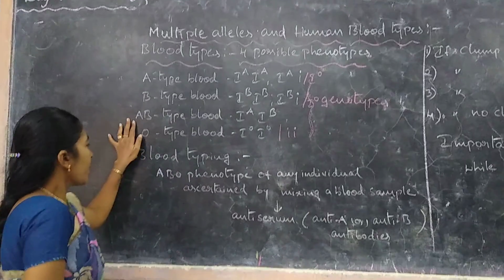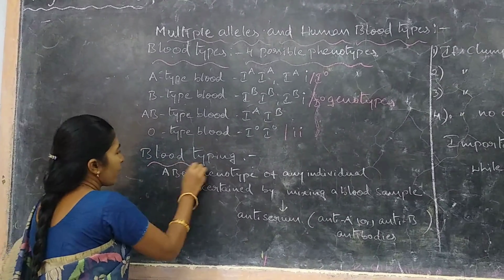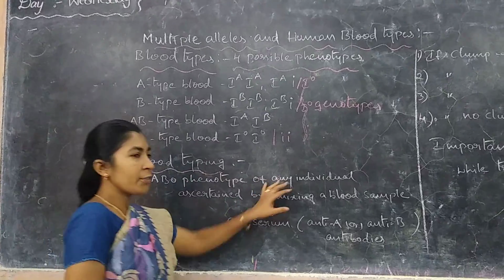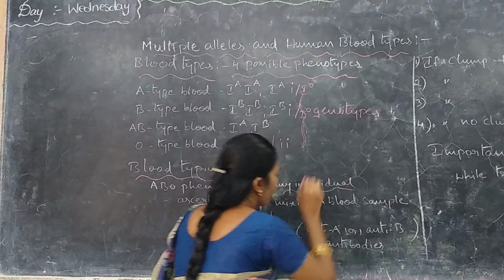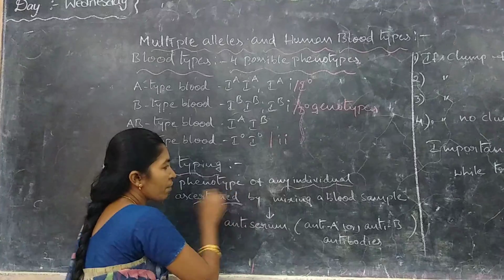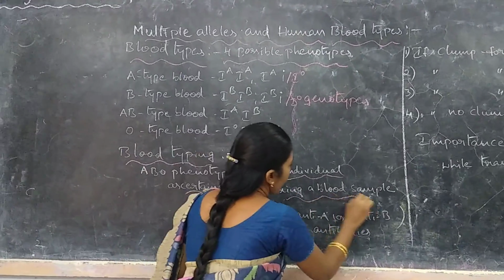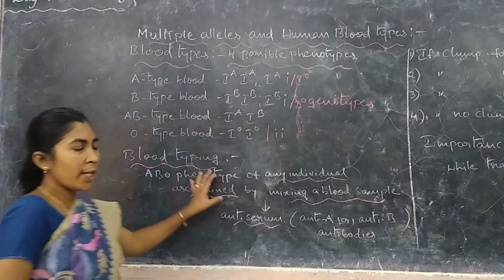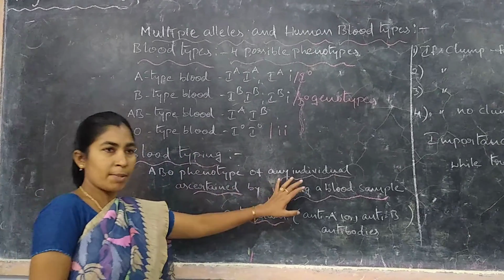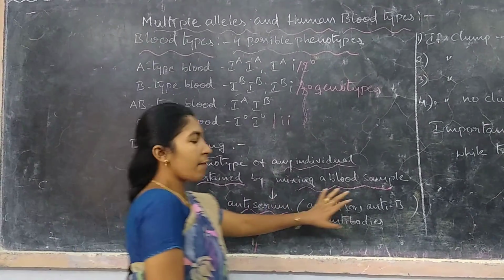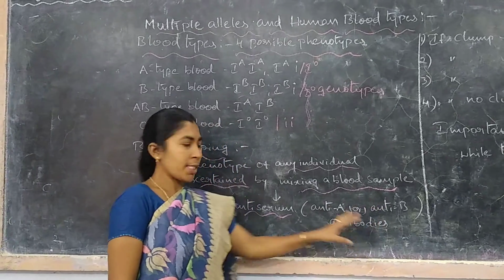Next, blood typing. When we observe blood typing, the ABO phenotype of any individual, any one person, is ascertained by mixing a blood sample with antiserum. The antiserum has two types of antibodies.